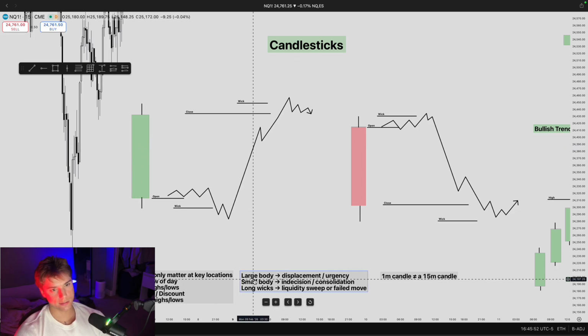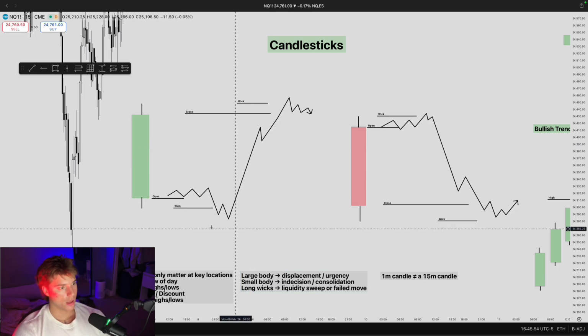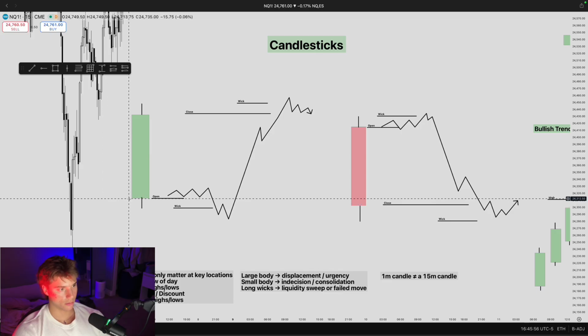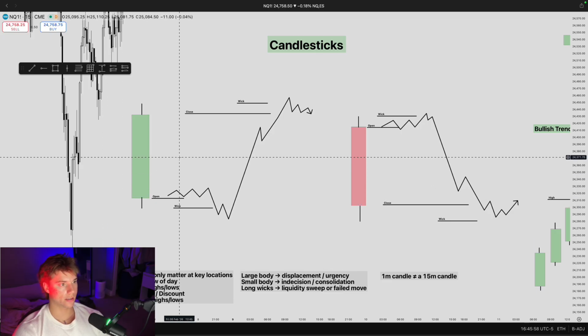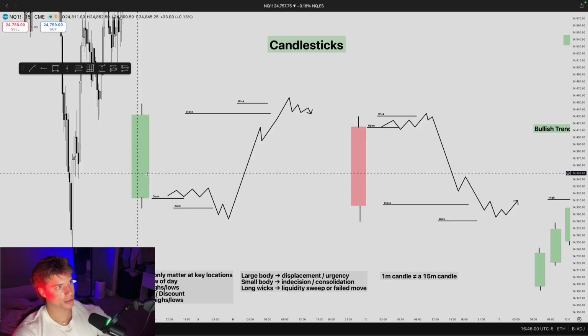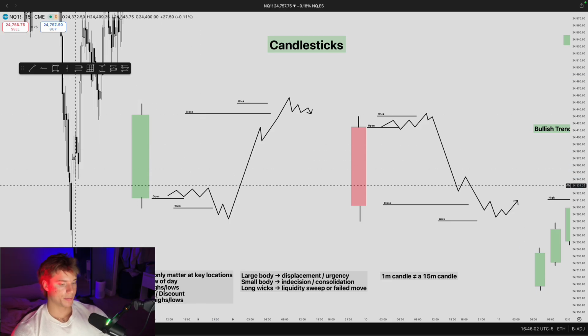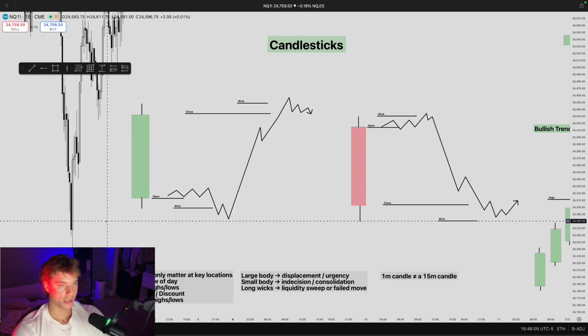Now, what does this actually represent? The bottom of a candle, for example, right here, this is going to be a bullish candle. We should probably go over the difference between bullish and bearish. Bullish is when the market is going up. So if the market is bullish, that means the market is going higher. If the market is bearish, the market will be going in a down slope.